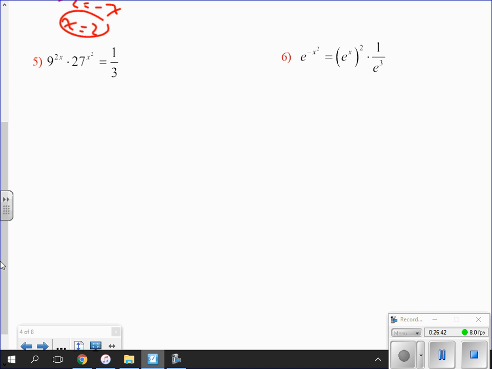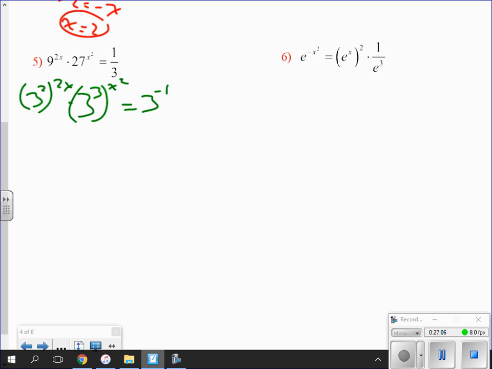3, yes. So 9 is what? 3 squared. So I have 3 squared to the 2x times 3. What is 27? It's 3 cubed to the x squared equals 3 to the negative 1. I don't have 3 on one side, 3 on the other.